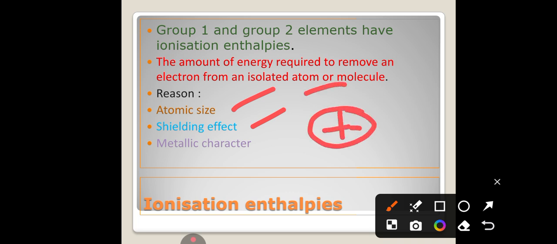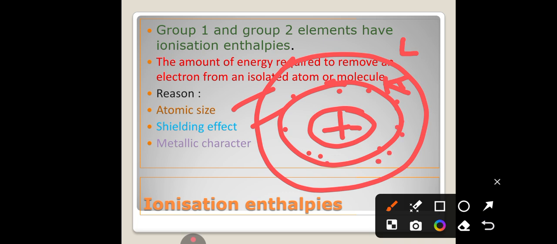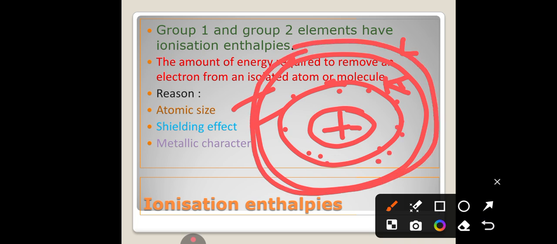So this is the nucleus, this is the K shell, and this is the L shell. Now the electrons in the K shell will be shielding the electrons from the outer orbit, just like how soldiers guard the border. Similarly, the K shell electrons will be guarding, or shielding.